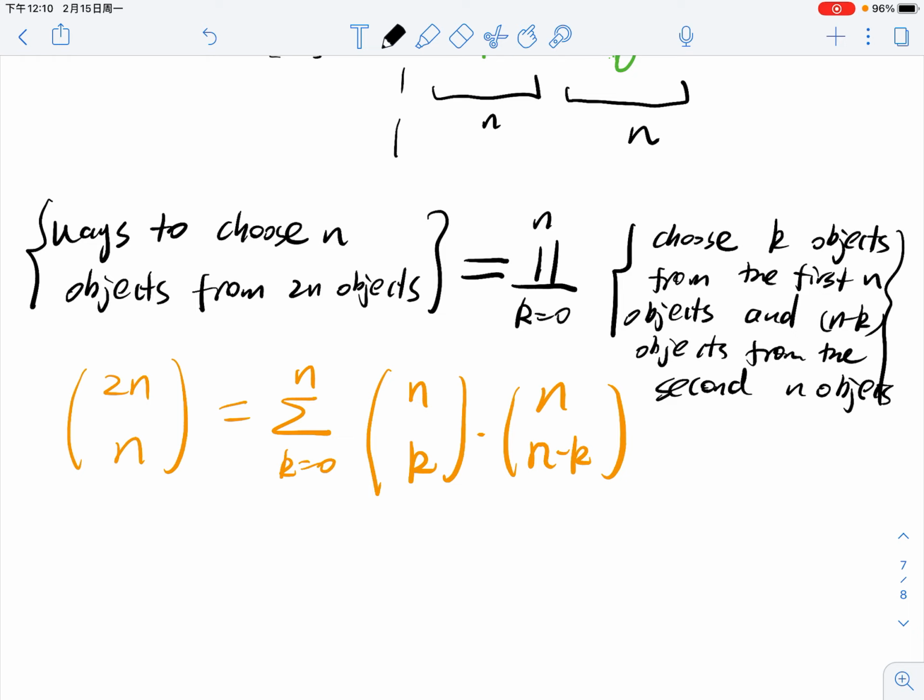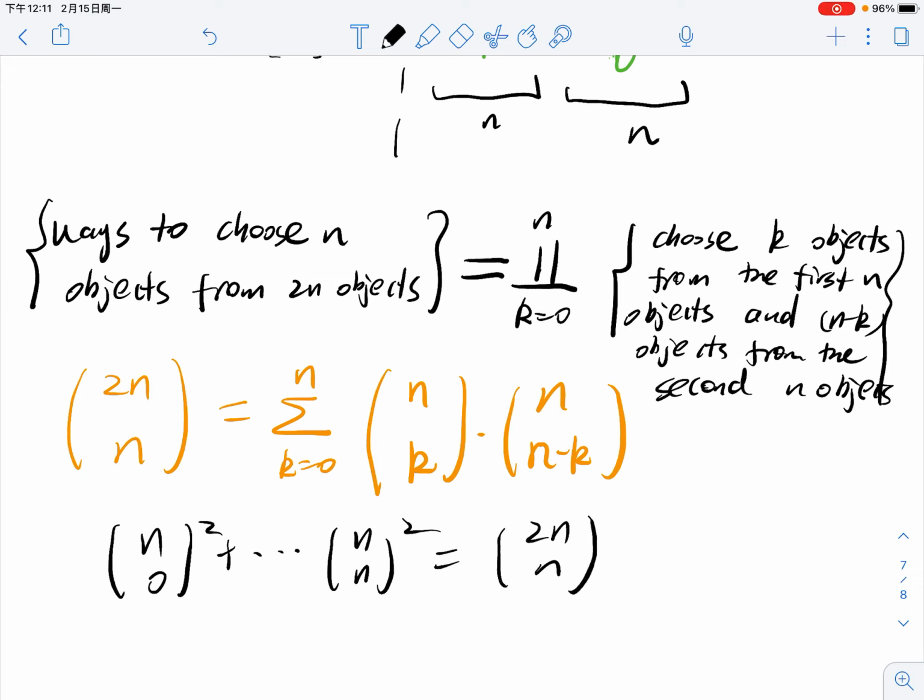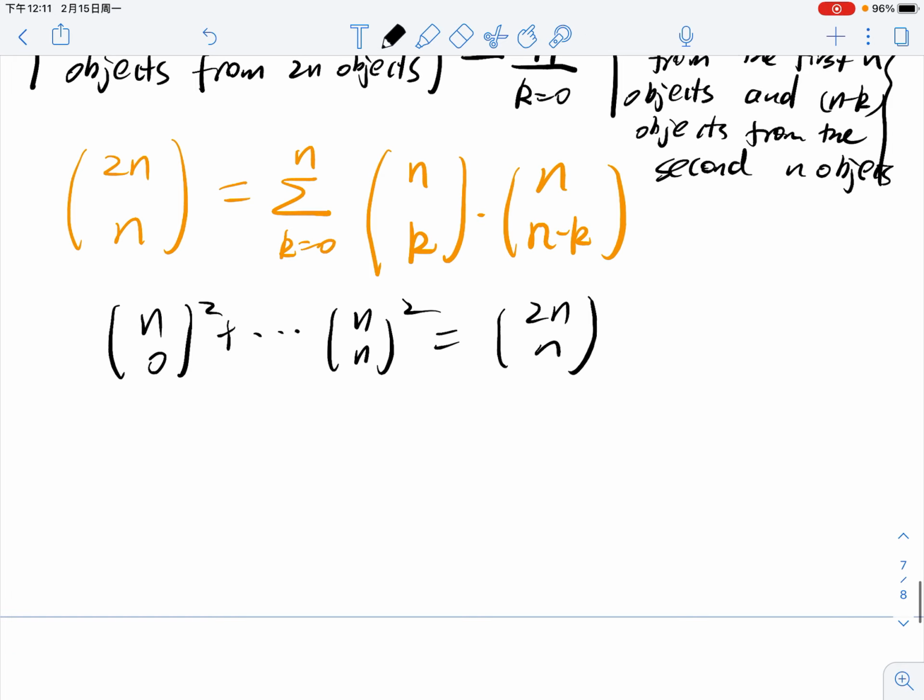You change it a little bit and you have the formula we want to prove, because n choose n minus k equals n choose k. This idea is very simple, but quite useful. I also use that in my paper.